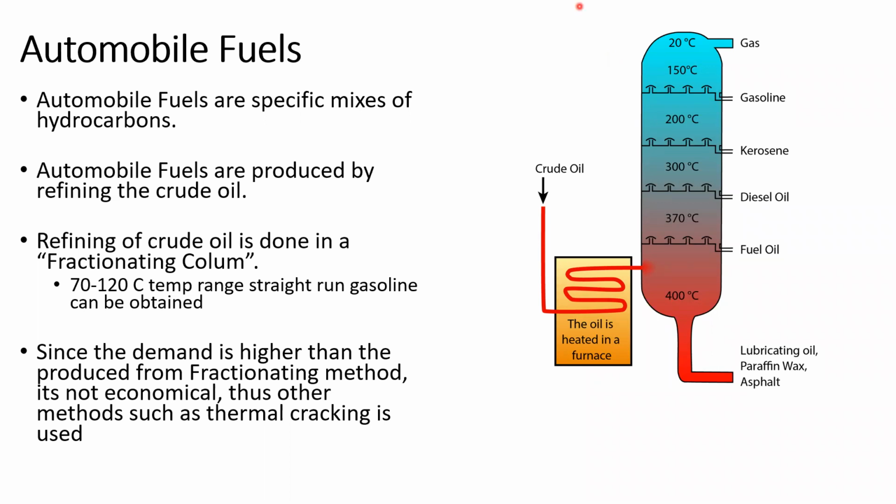Because of that, different fuel types were being searched for at that time. People discovered crude oil, also known as black gold. Then people understood how to deal with crude oil, and they were able to find out how to take different fuels out of the crude oil.